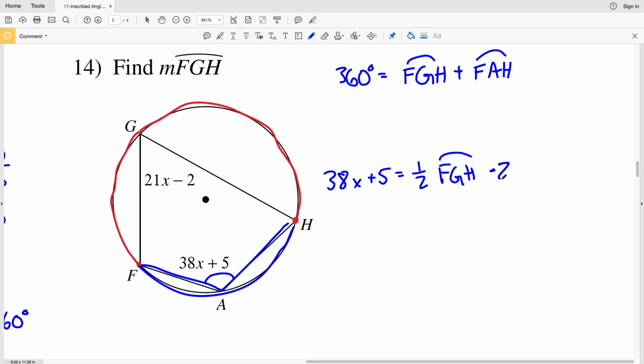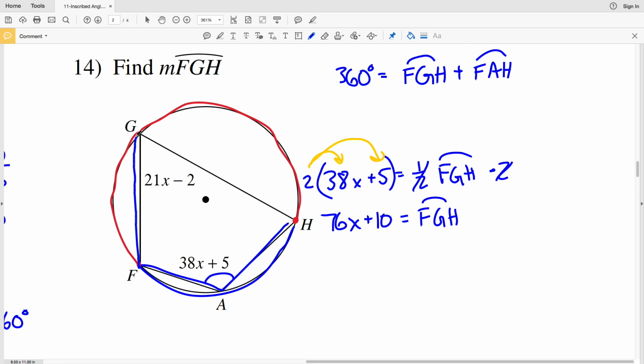So multiplying both sides by 2, I'll get that FGH, that arc, is equal to 2 times 38 times x, which is 76x, plus 2 times 5, which is 10. And that's with distributing the 2. I also have that FGH is an inscribed angle associated with the intercepted arc FAH. So 21x minus 2 is equal to 1/2 of FAH.